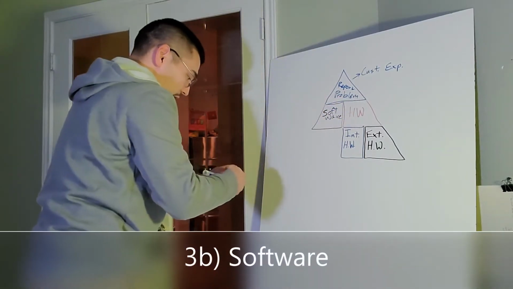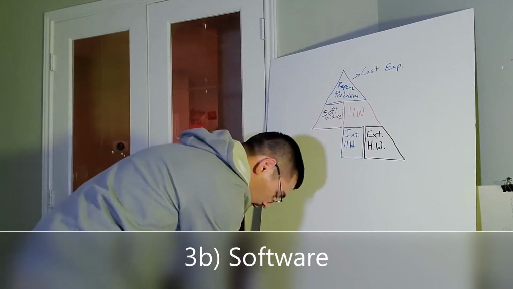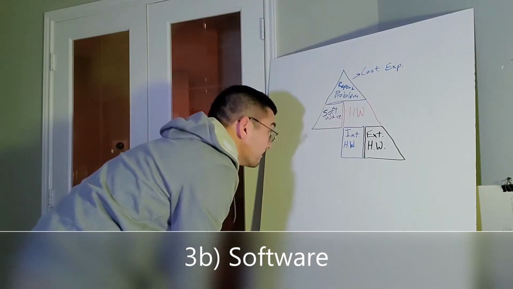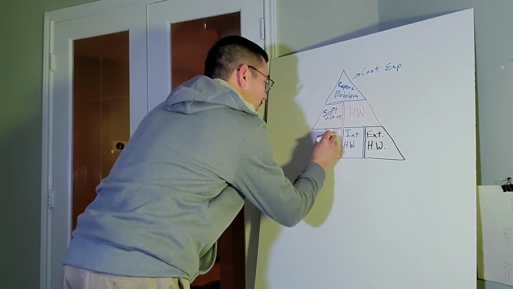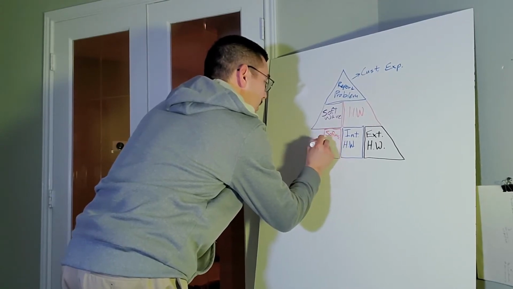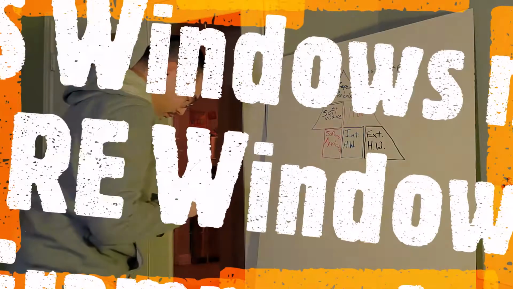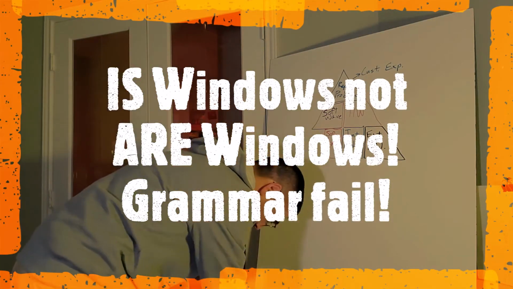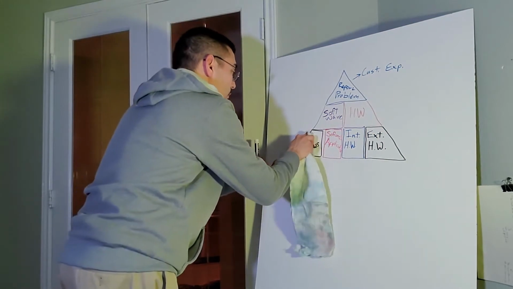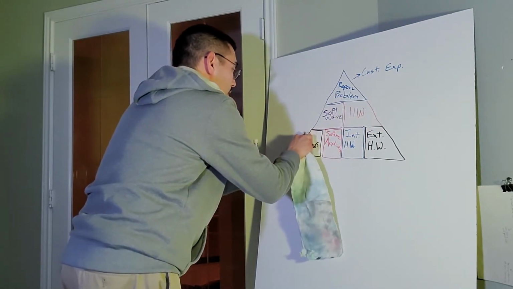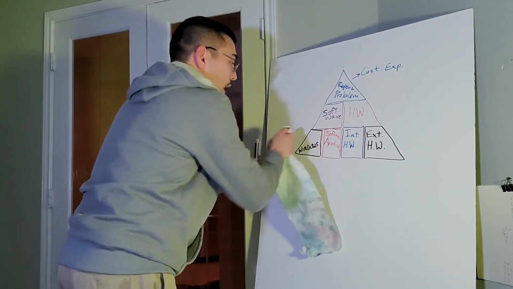So software is interesting. Software is also broken up into two different parts. The first part is software application. And then the second part are Windows. So these are all the four problems you might be having.